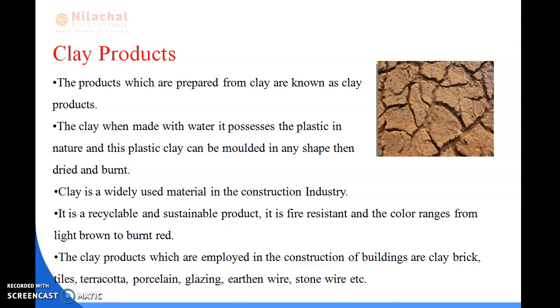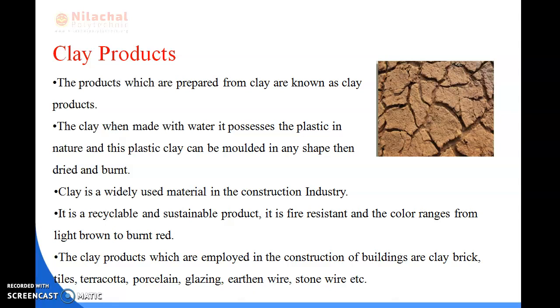Clay is a widely used material in the construction industry, and it is a recyclable and sustainable product. It is fire resistant, and the color of clay products ranges from light brown to burnt red. Okay, so next, what are the clay products?